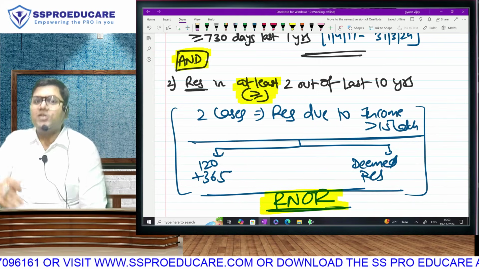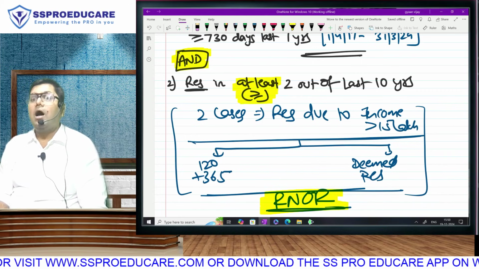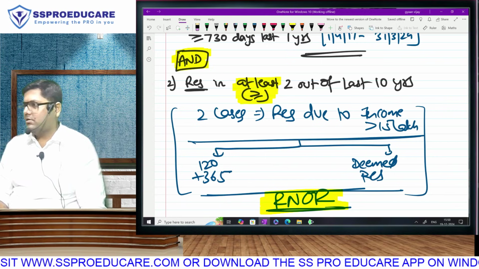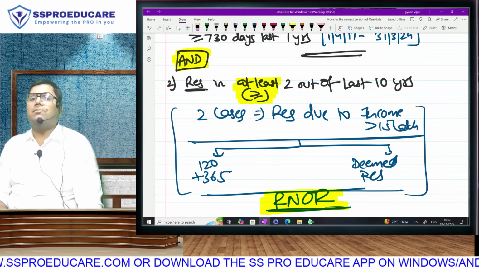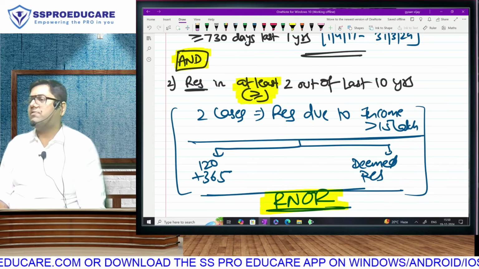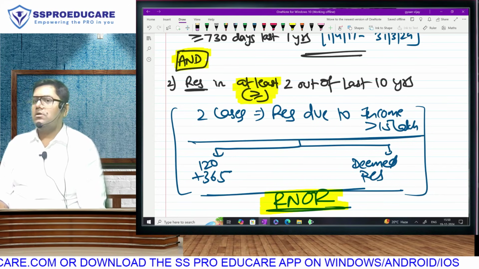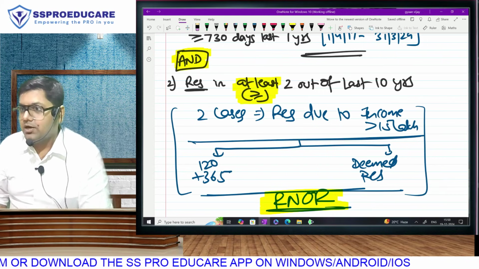So for you, we will not check 730 days or 2 out of the last 10 years. We will keep you RNOR. Is that clear? With this, your foreign domestic incomes will never be taxable in India. Only what will be taxable? All Indian incomes, which are taxable for a non-resident also, and foreign incomes if controlled from India.